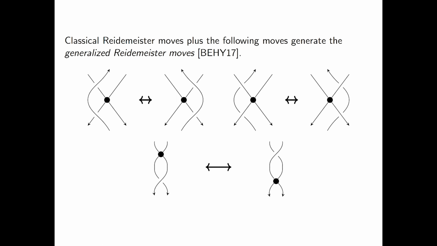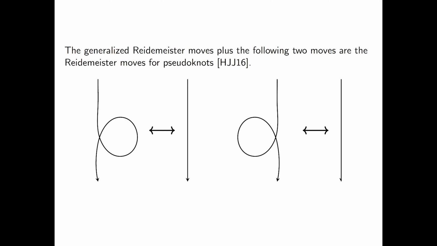So now that we have that the generalized Reidemeister moves are the Reidemeister moves needed for singular knots and links, we can start talking about the Reidemeister moves for pseudo knots and links. It turns out that these 2 sets are pretty similar. If you consider the generalized Reidemeister moves, and wherever you see a singular crossing, you replace it with a pre-crossing, and you add the following 2 additional moves, what we get is a set of Reidemeister moves for pseudo knots.